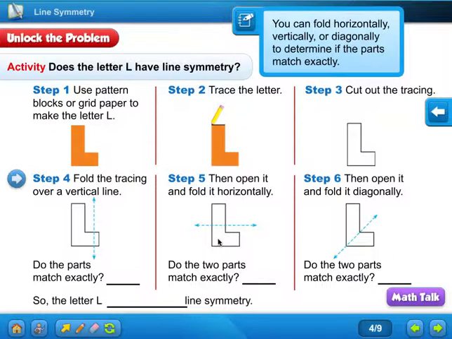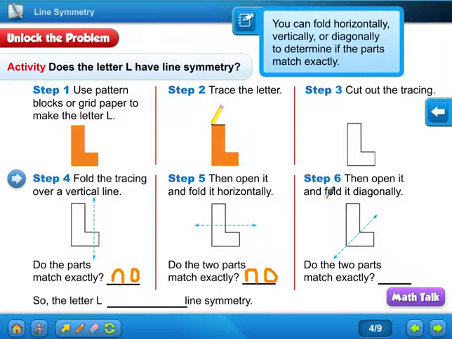This might fold to here, which could match up, but you still have this extra part right here that has no match for it. So that side doesn't work either. So this would be a no. And this would be a no. No matter how you fold it, it doesn't line up.